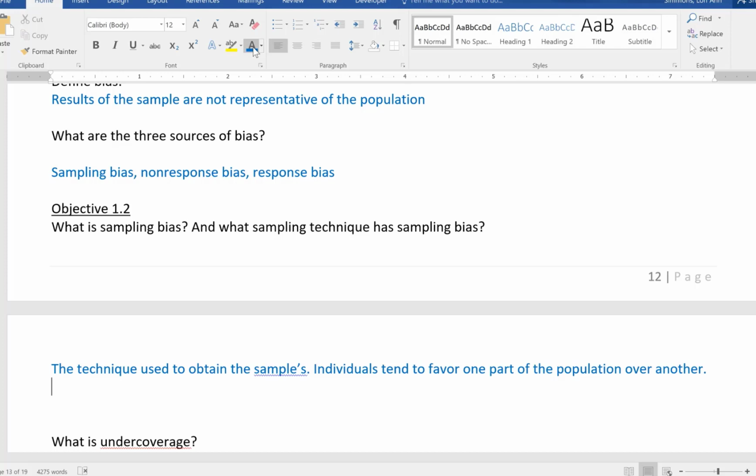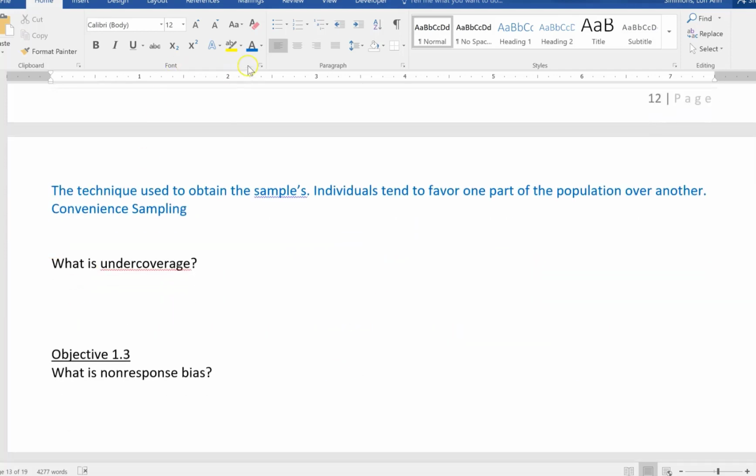So this kind of sampling is called convenience sampling. So anytime convenience sampling is being done, that has bias. So when it has bias, you should not take the results seriously.